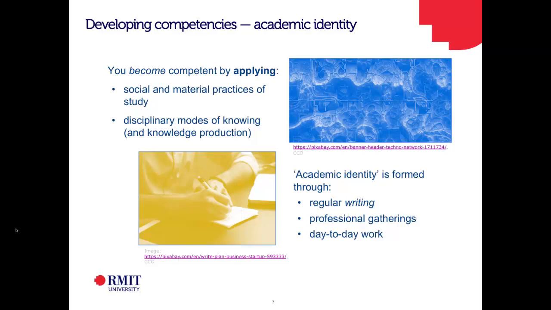If you can answer these questions and understand them as essential to your research process, then you're developing an academic identity. Identity cannot be constructed in isolation. It requires regular and observant participation in writing, in professional gatherings, and in day-to-day work.